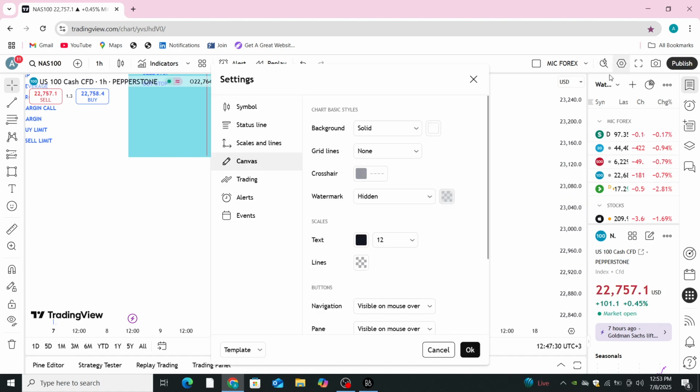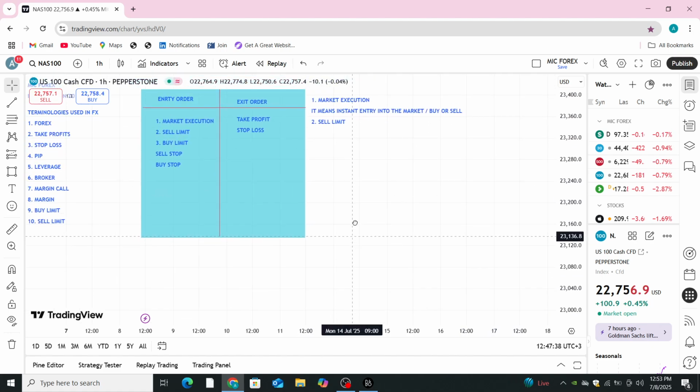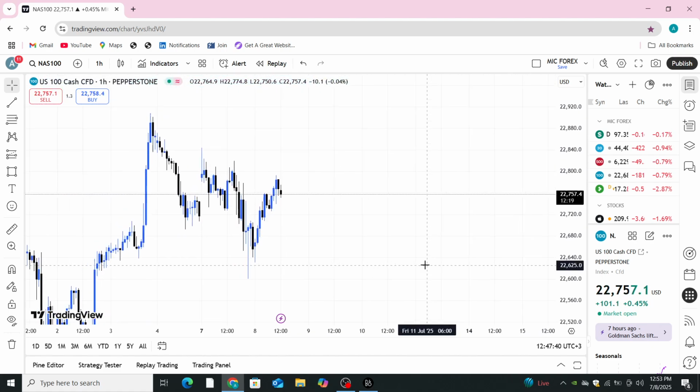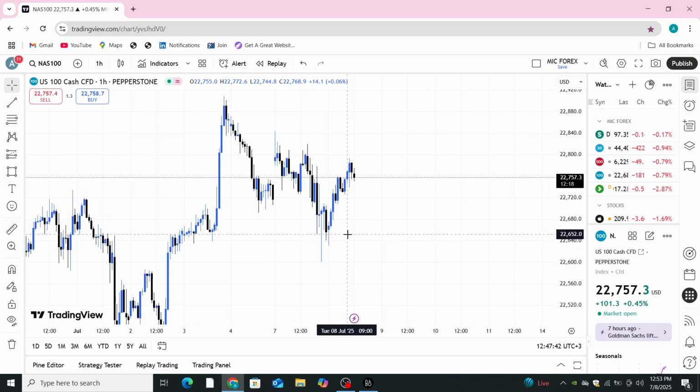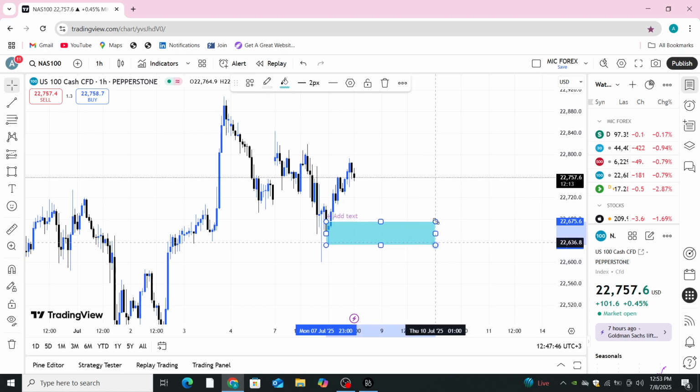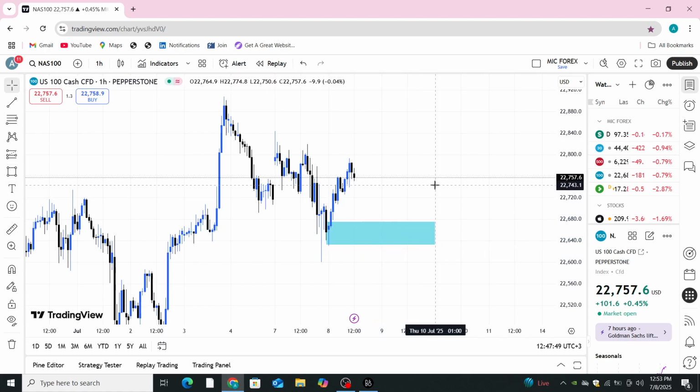Let me put the grid back so that we can work with it. Now let me give you an example. If I tell you to have a sell limit, for example, for Nasdaq, this one is NAS 100.